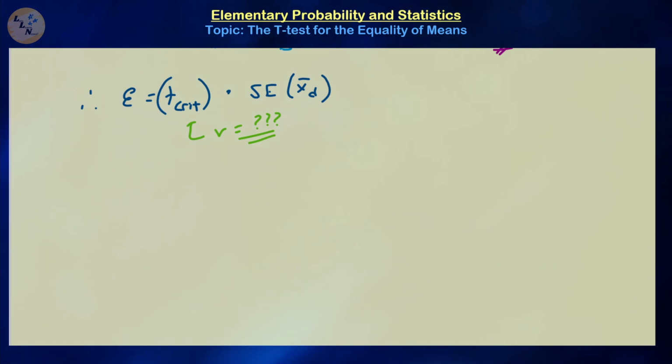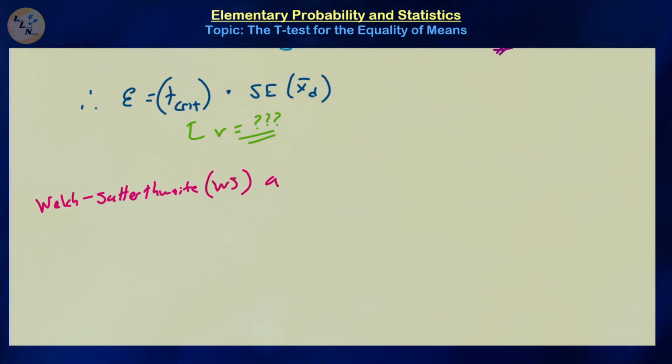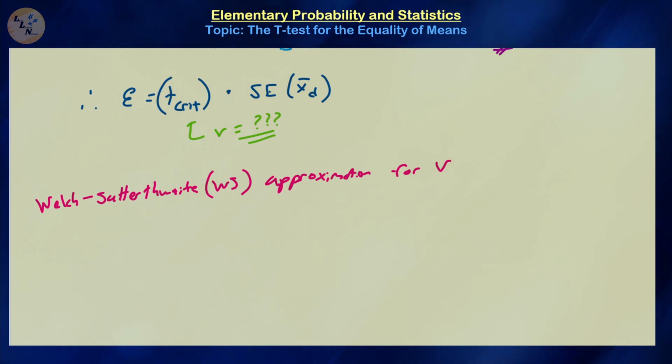So this approximation, which is sometimes referred to as the Welch-Satterthwaite, or just the WS approximation for the degrees of freedom. Some people call the unpooled variance t-test also the Welch t-test.